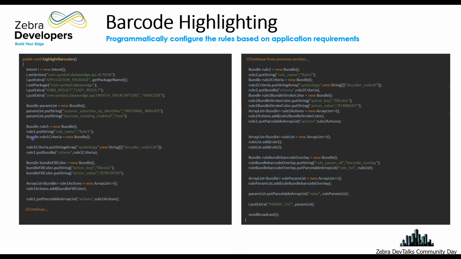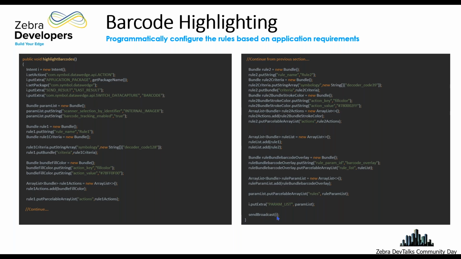And then to the rule 1, we are adding the rule 1 criteria, and for the color, we are creating another bundle and set the fill color action and the fill color value, and then add it to the rule 1 action. So like that, we add 2 rules here, and then set the rule parameters into this, and ultimately send out the broadcast intent.